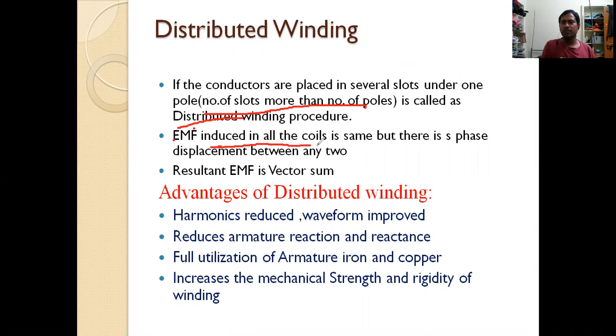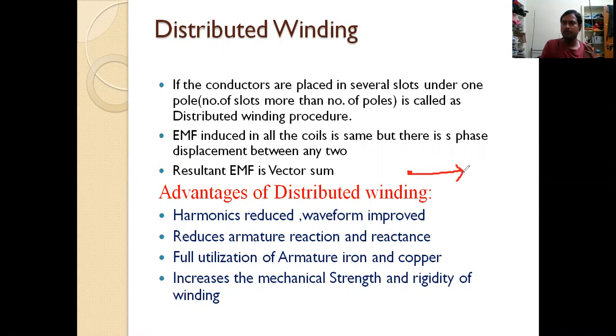The induced EMF in all coils is the same, but there is a phase displacement between any two coils. One coil, one slot is like this, the induced EMF here; the next slot is like this, and the next one is like this. If you take any two adjacent ones and take the angle, a phase shift will be available.